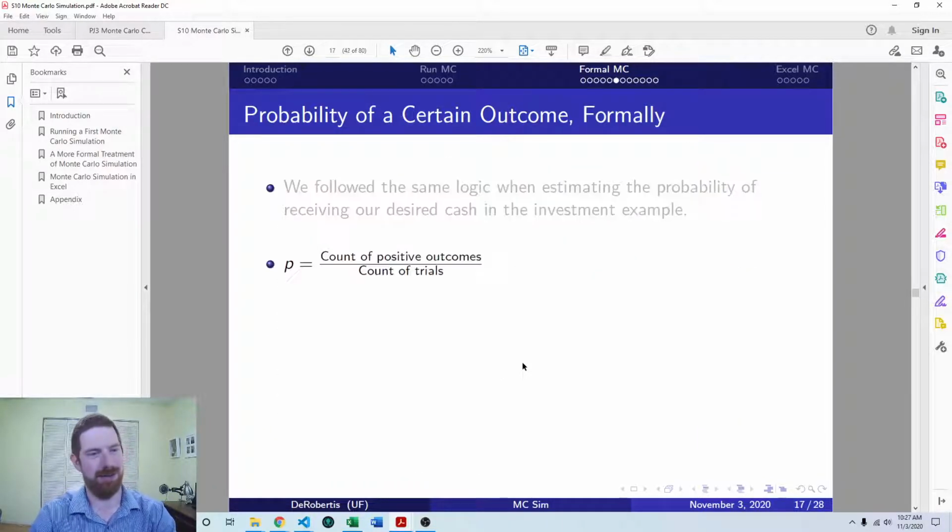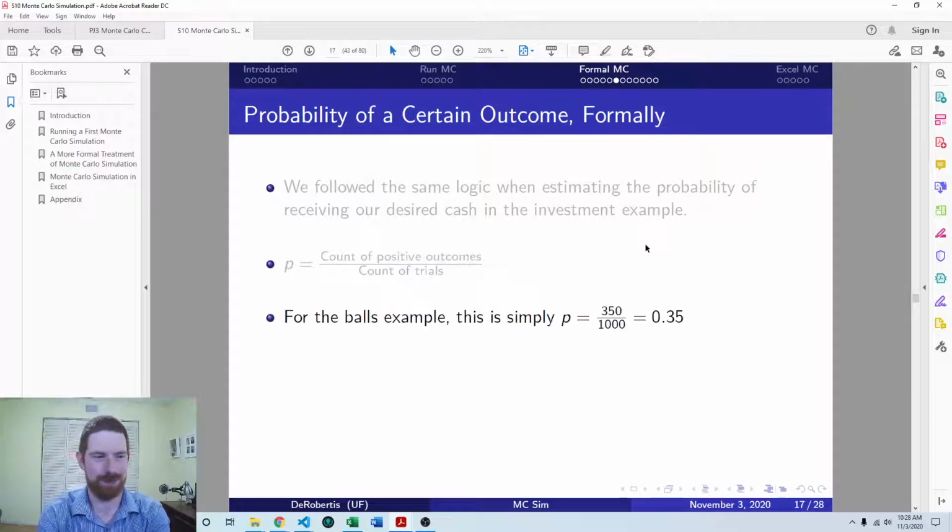So we can estimate the probability of some outcome by basically trying a bunch of times and seeing how many of those times we achieve the objective that we want. And you just divide the number of times you hit the objective by the total number of times. That's going to be an estimate of the probability of achieving that objective.